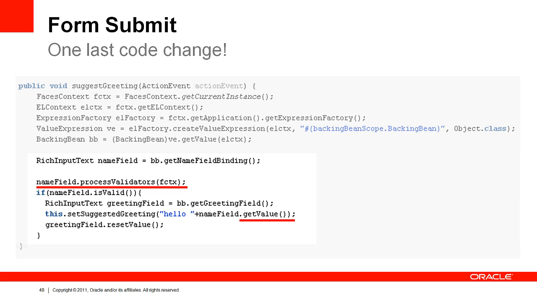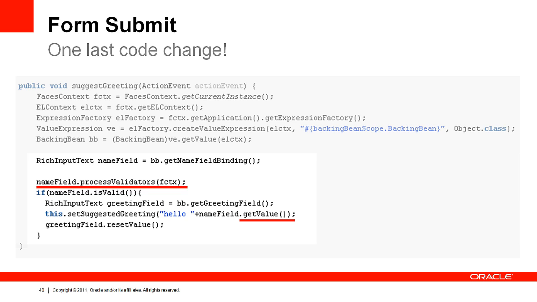Then starting from the backing bean reference, we get access to the name field. And on this name field, first thing, we want to call process validators. Now this will only for this field process all validation that is configured on that field. And if this validation is successful, and only then, we would concatenate the field value with the suggest greeting.